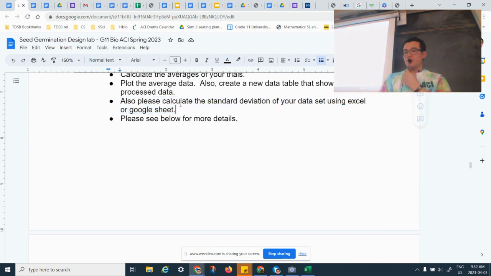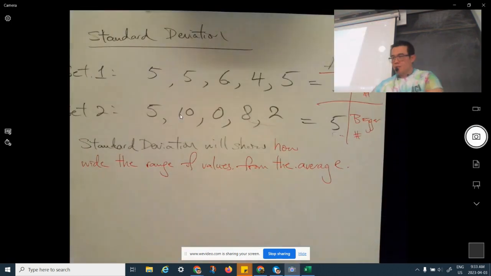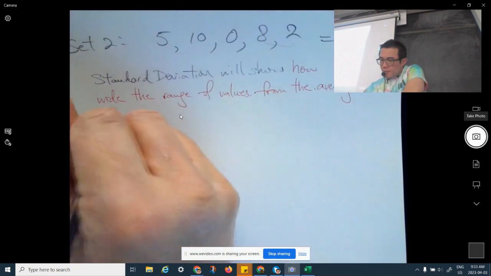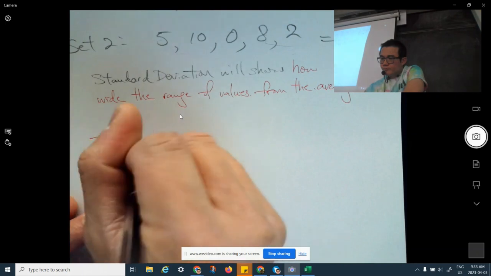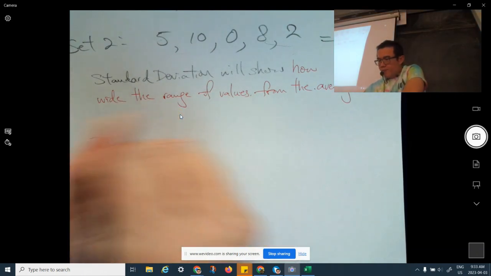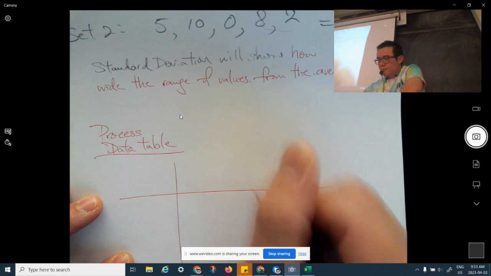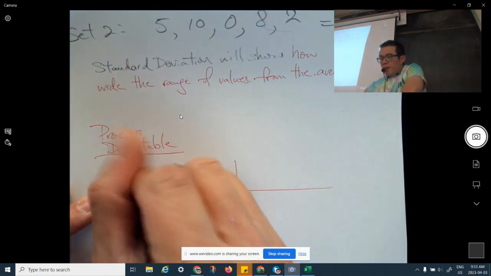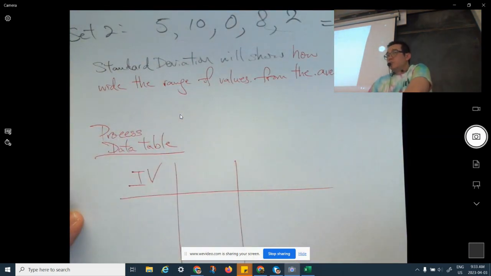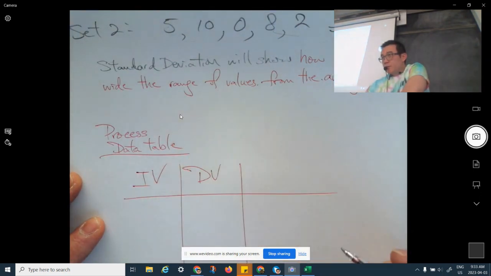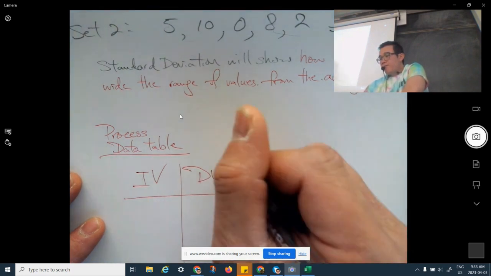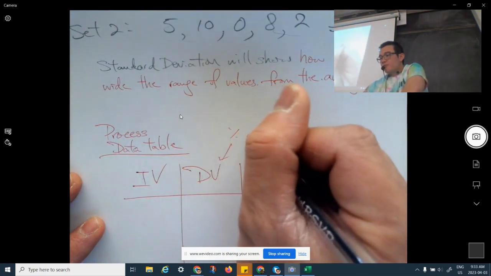So in this case, you will need to show the standard deviation of your data using Excel or Google. So your process data table needs to be very simple. Essentially, your independent variable, your dependent variable. Now, remember, your dependent variable is either percentage or rate.